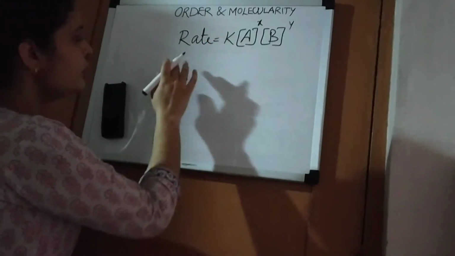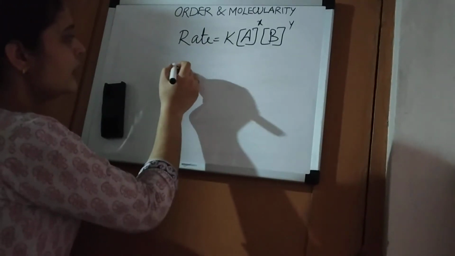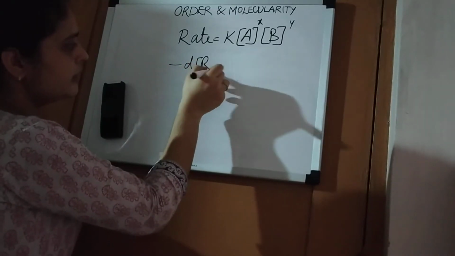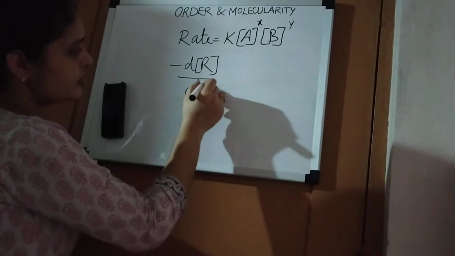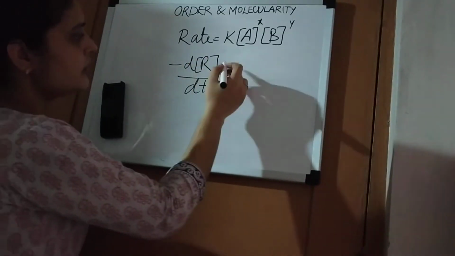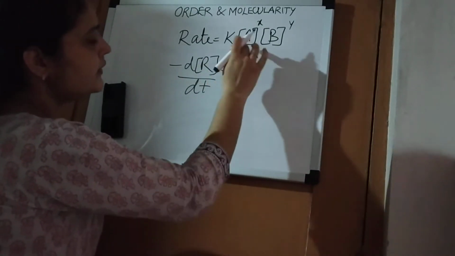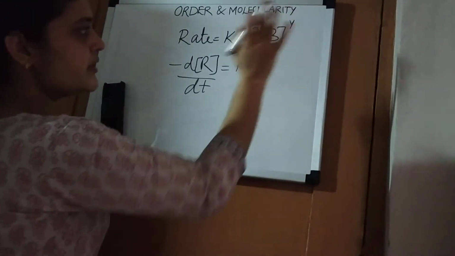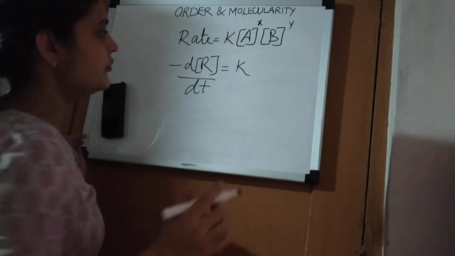So you know that rate is also equal to change in concentration of reactant upon time. And the concentrations A and B together, raised to x plus y, is the order of the reaction.